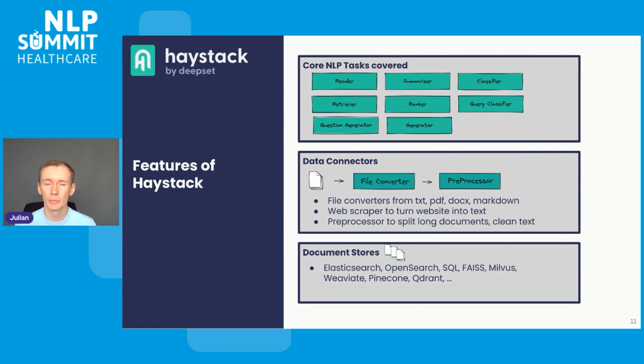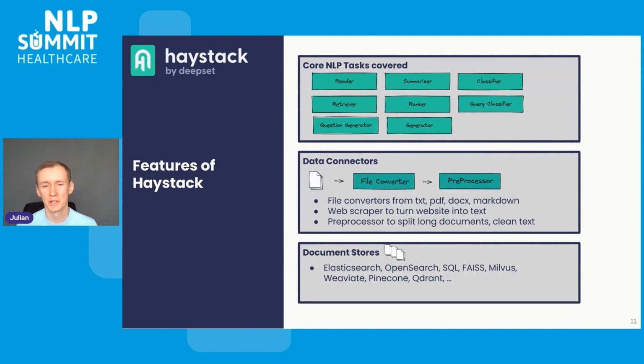And the pre-processing of these files is also handled then by Haystack in this indexing pipeline, where you can specify, for example, how to clean up that text that you got from the files, or how to split it in shorter paragraphs that are better to search.